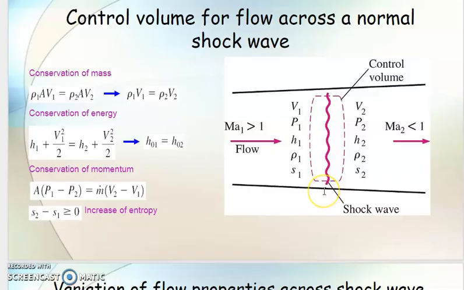So meaning before shock and after shock, area A1 and A2 are actually the same. So you can cancel out. So it becomes rho1 V1 equals rho2 V2. Now you have H01 equals H02. The enthalpy before shock equals the enthalpy after shock.